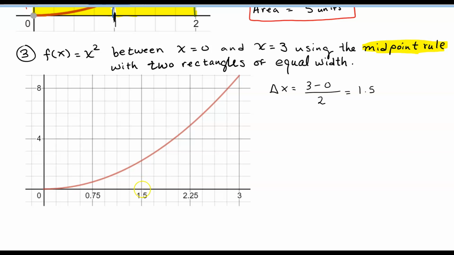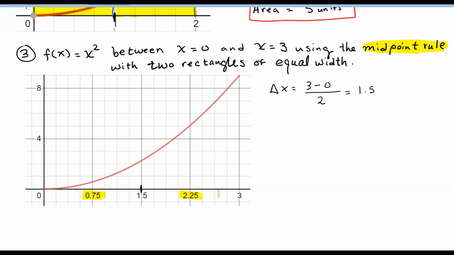I've got 1.5 marked off for you, but they want us to find the area under the curve using the midpoint rule. So I actually have to look in between 0 and 1.5 and 1.5 and 3. And that's where I get these values that I'm going to highlight for you right there.